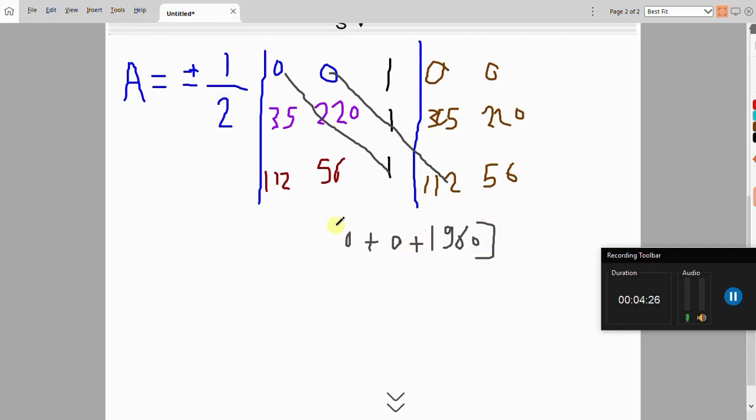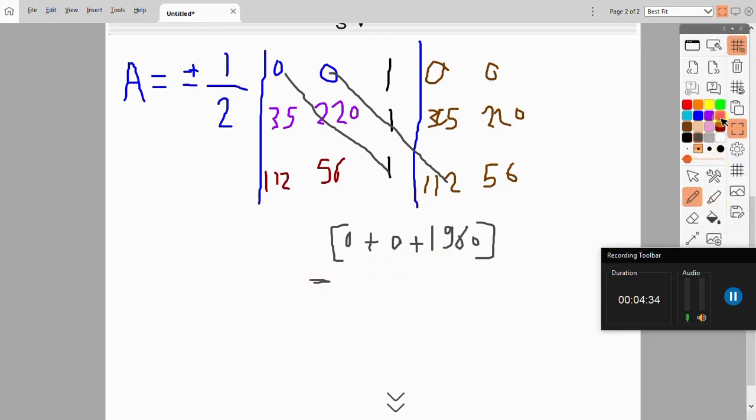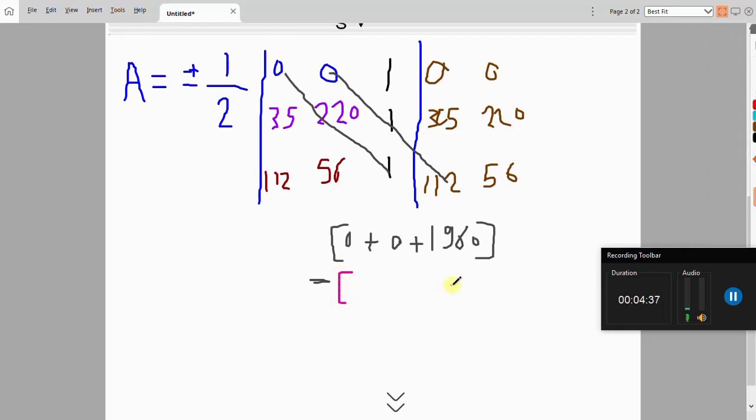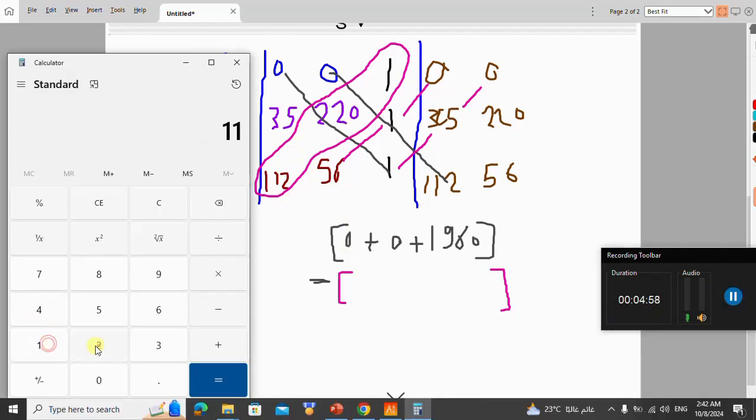Minus the secondary diagonal, or the going up diagonal. The going up diagonal, this is the first going up, and this will be 0 and this will be 0. So we have 112 times 220.